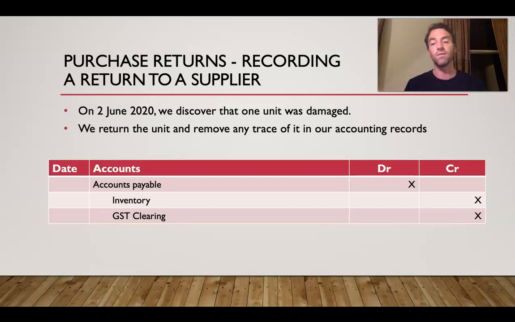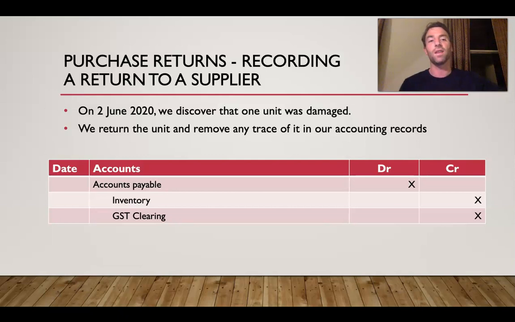And you might see that the debits and credits here are the opposite of the 1st June transaction. We are going to reverse our accounts payable liability. Accounts payable is a liability. Liabilities going down is a debit because we are obviously not going to pay them as much as we originally were going to. We are going to send some inventory back.